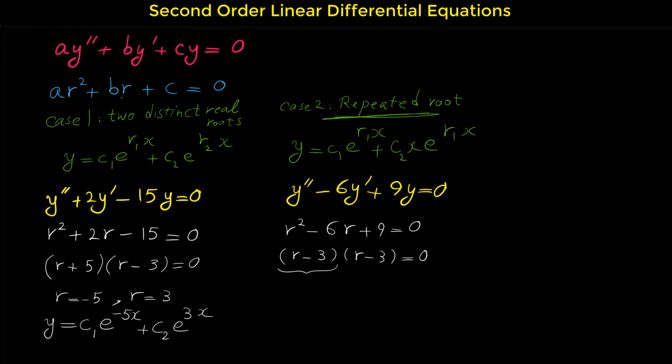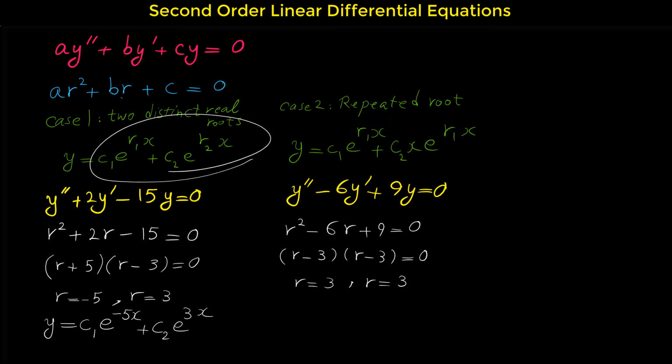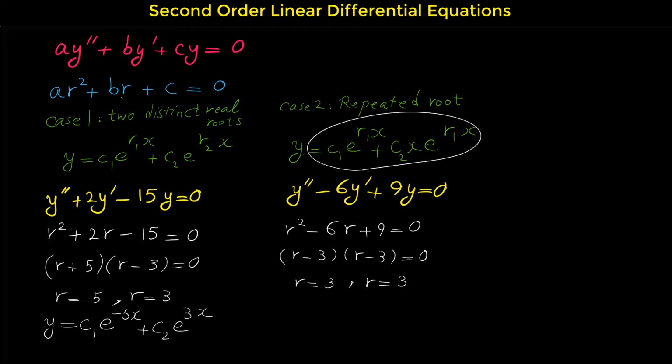If we set this equal 0, we have r equals 3, and if we set the other bracket equal 0, we get again r equals 3. As you can see, the root 3 is repeated here, so we have repeated roots. And so instead of using this formula, we have to use this formula. If a root repeats, we multiply our second answer by an extra x.